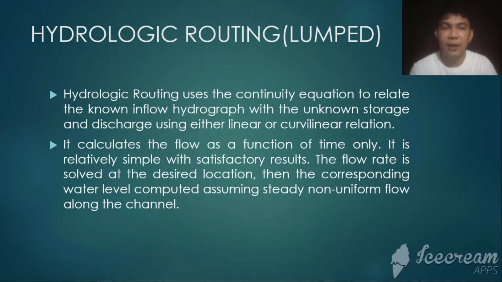Unlike hydraulic routing, which calculates the flow as a function of time and space, hydrologic routing calculates the flow as a function of time only. It is relatively simple with satisfactory results, and the flow rate is solved at the desired location, then the corresponding water level is computed assuming steady non-uniform flow along the channel.